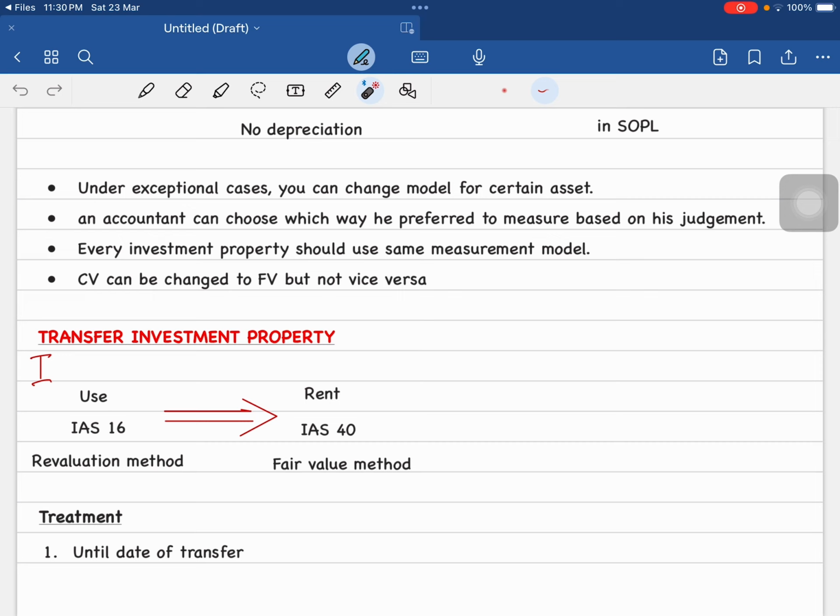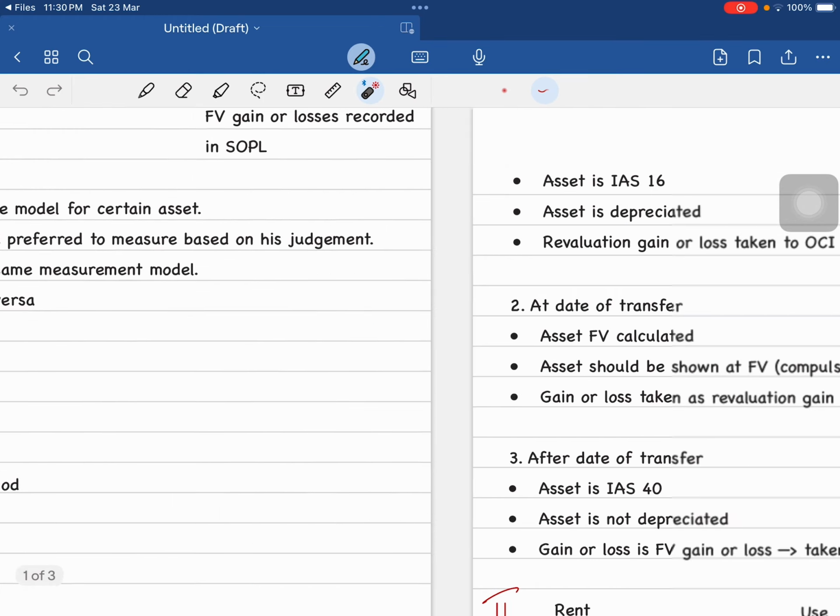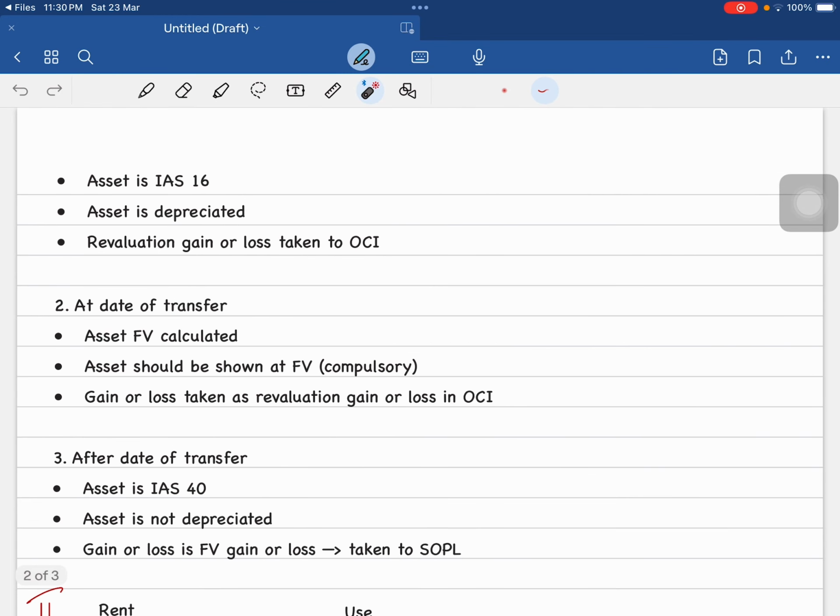The first time period is until the date of transfer, when the transfer hasn't occurred yet. Until the date of transfer, the asset is still IAS 16. The asset is depreciated, and any revaluation gain or loss that you get from the asset is taken into OCI.